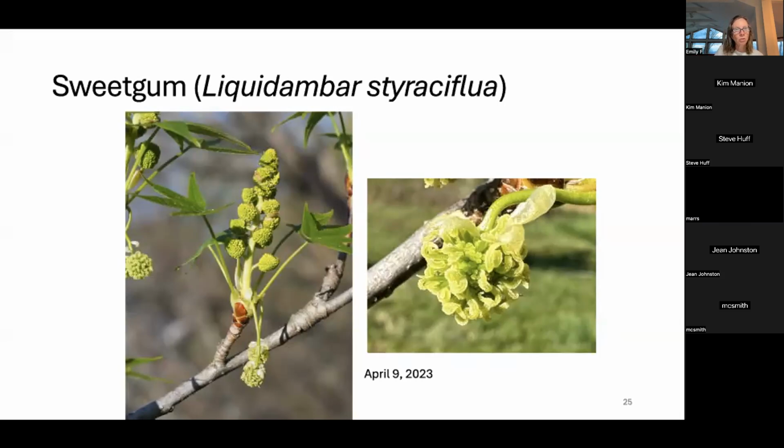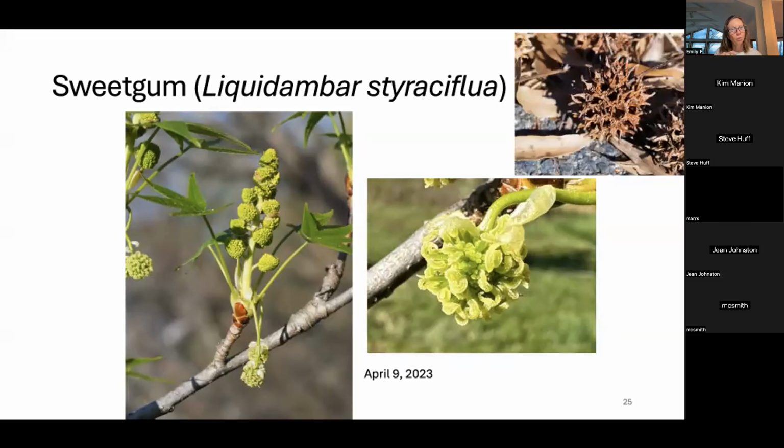And of course, for those that may not be familiar with what we're looking at on the screen right here, these are the ones that create that really lovely capsule. It's actually a compound of capsules that can be a little bit hard when you step on them. I used to roller skate on the ones from the street trees where I used to live in Northern Virginia.